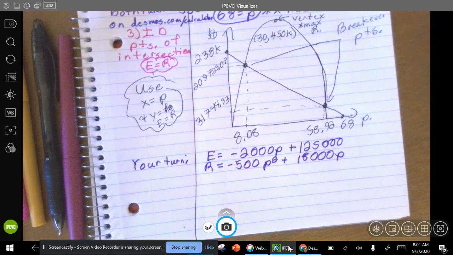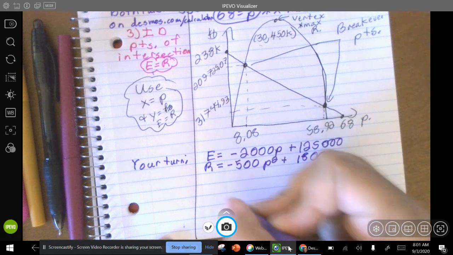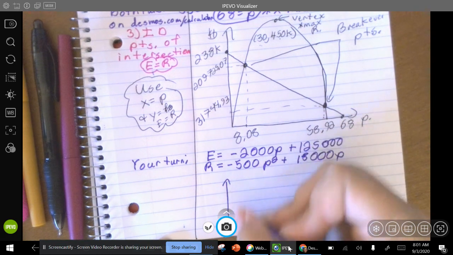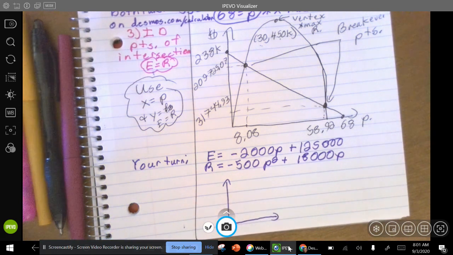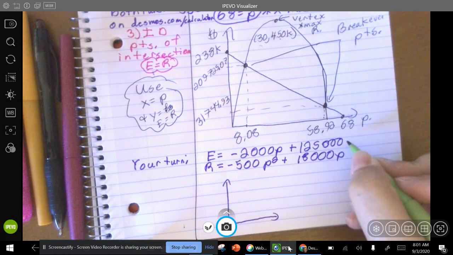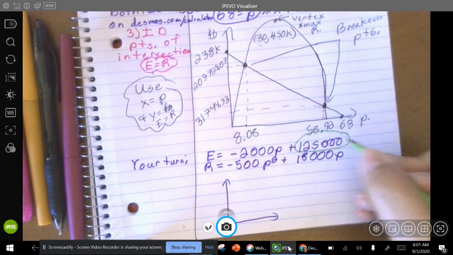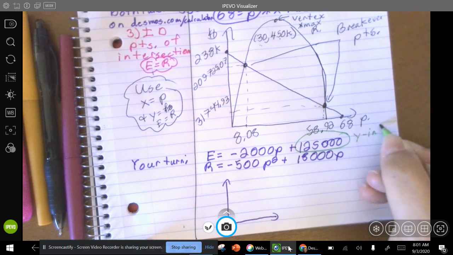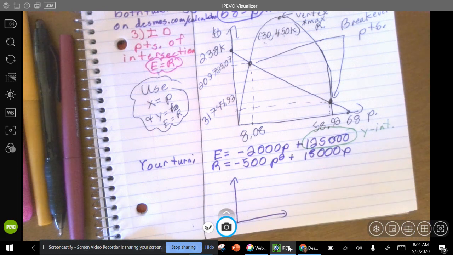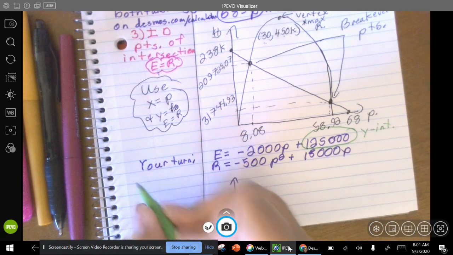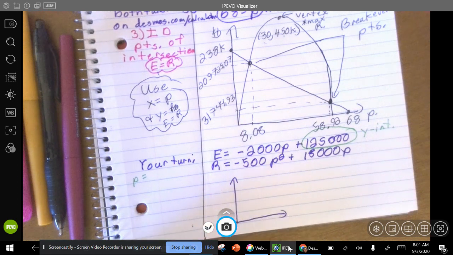And you got this, everyone. Remember that the 125,000 is going to be our y-intercept. For this one, the x-intercept for p is going to be 125,000 divided by 2,000.